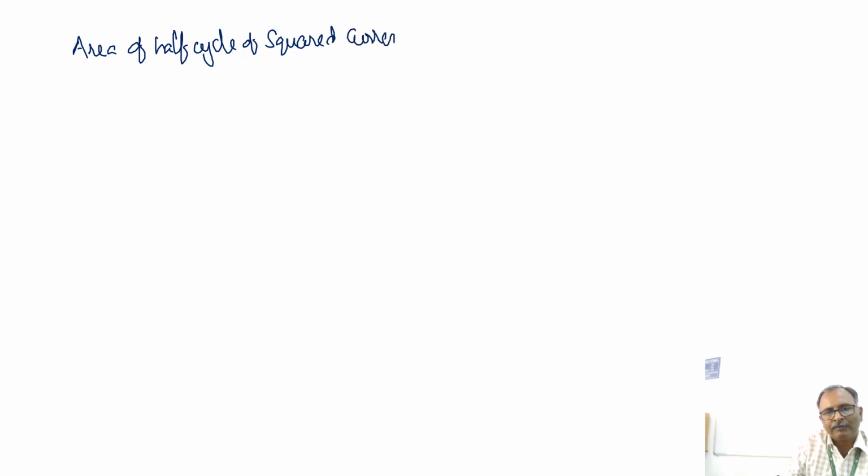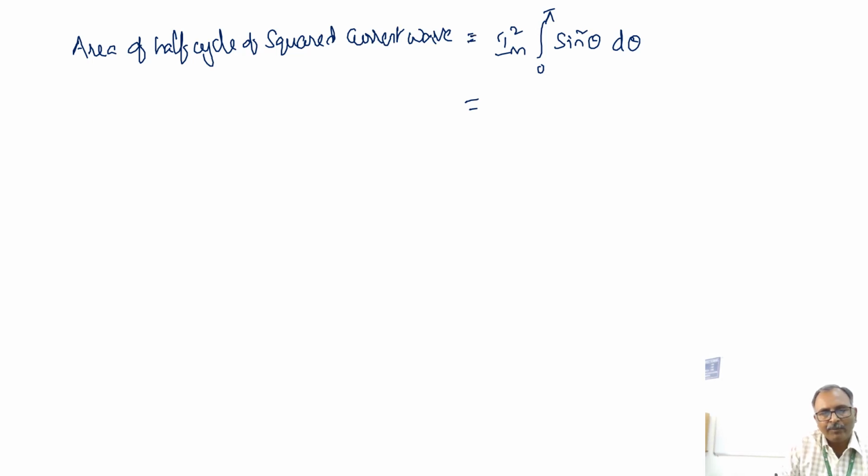So the area of half cycle of the squared current wave is given by Im square integral 0 to pi sin square theta d theta. Now you have to simplify it. If you apply trigonometric relations, you can get Im square integral 0 to pi.